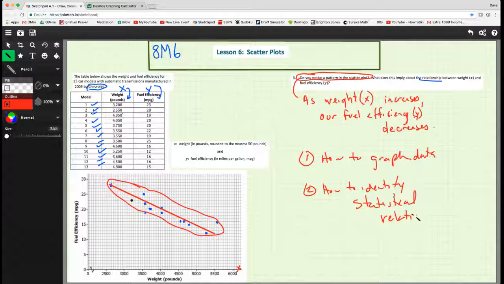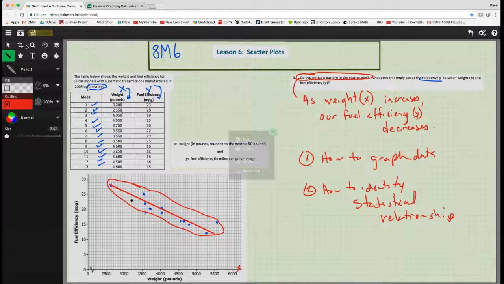And there is a statistical relationship. We're pretty darn sure that there is one, because it goes down. As one increases, the other goes down. If it increased, there would also be a statistical relationship.